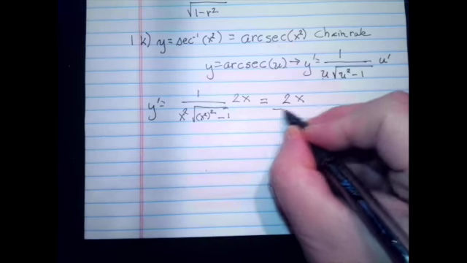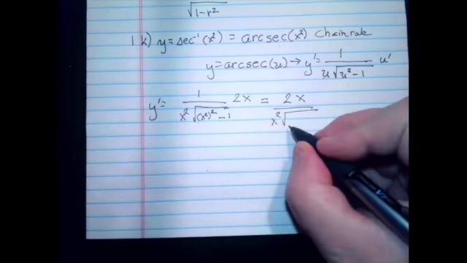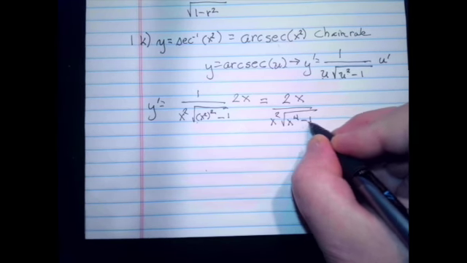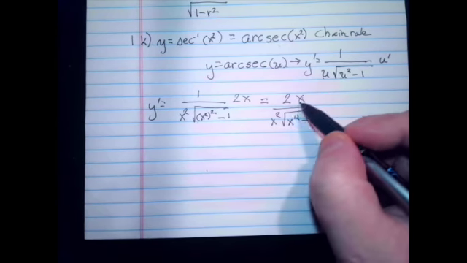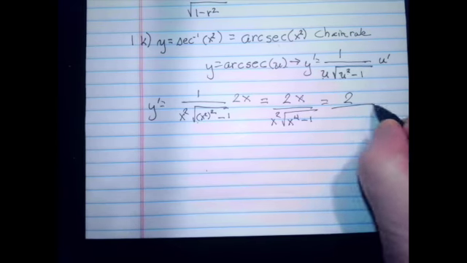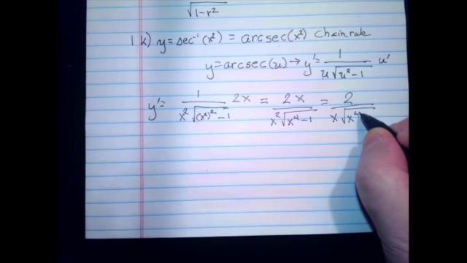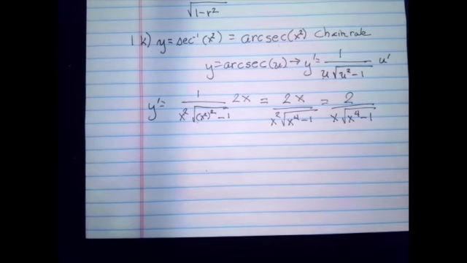If you write that as 2x over x squared times the square root of x to the 4th minus 1, you'll see that you have a factor of x that can go away. And so we'll write that as 2 over x times the square root of x to the 4th minus 1.